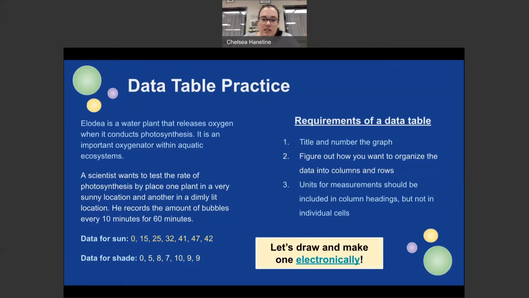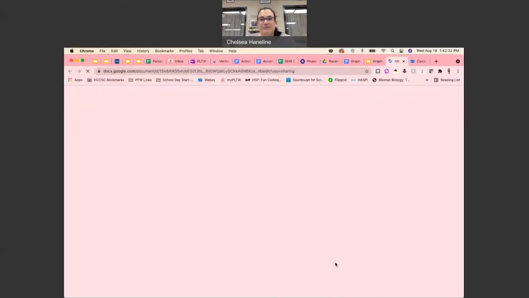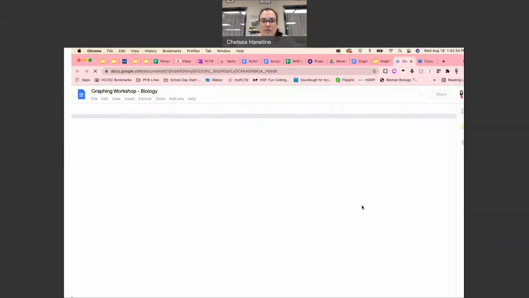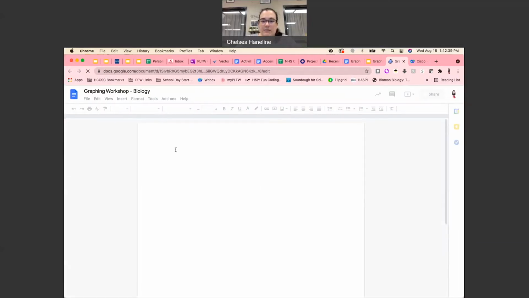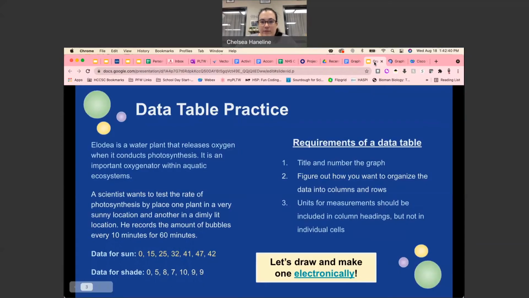So let's look at this electronically and try to make this data table and graph. All right, so first we need to make a data table. Let's go back and look at the information that we know. We know that he is recording it every 10 minutes for 60 minutes.